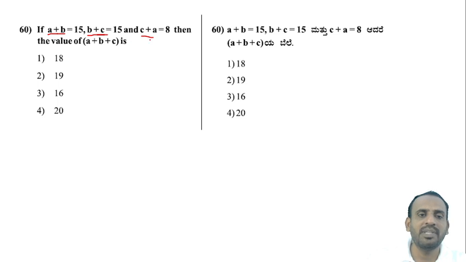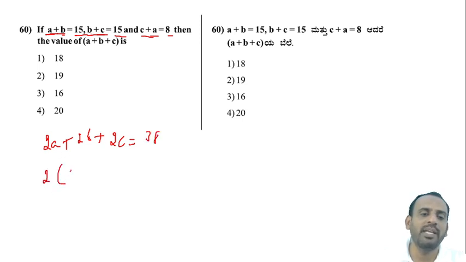A plus B, B plus C, C plus A, if you observe, we have 2 A's. So 2A plus we have 2B. 2B plus we have 2C. Then we will add this 15 plus 15, 30. 30 plus 8, 38. Okay. We will take out 2 common from here.